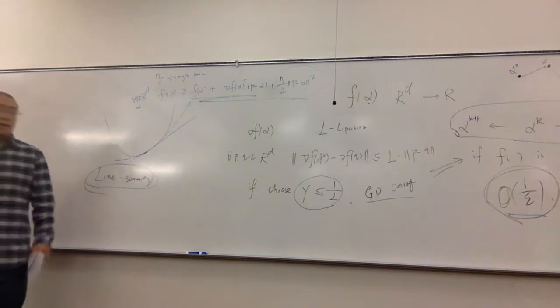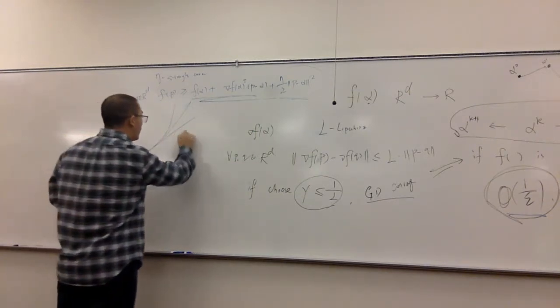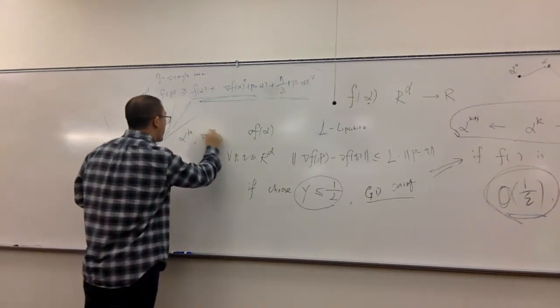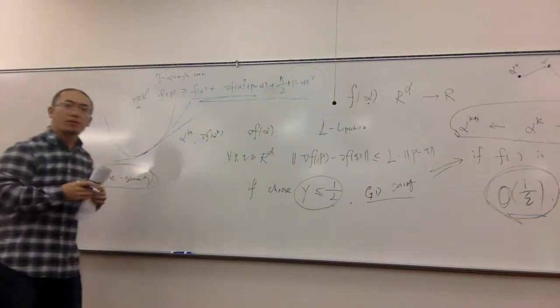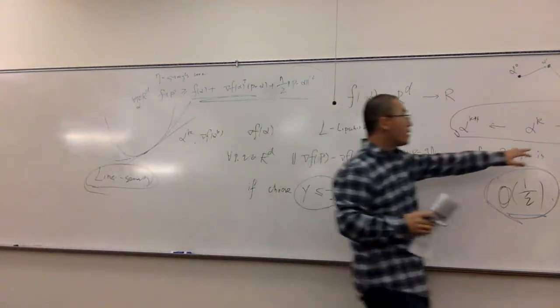The basic idea is as follows. Currently we are at alpha k, and we know the gradient at alpha k. So the question is, how can we find the appropriate step size gamma k?